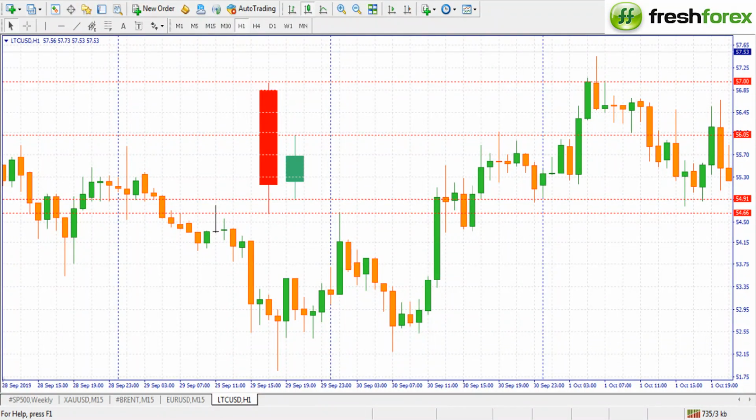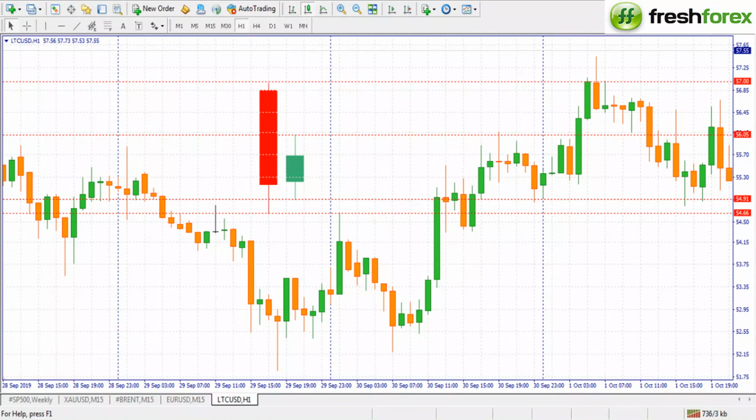That should make a lot of sense if you understand exactly what I'm saying, that the close of candles is equally important as the opening of the candles. The lows and highs of candles are equally very important.